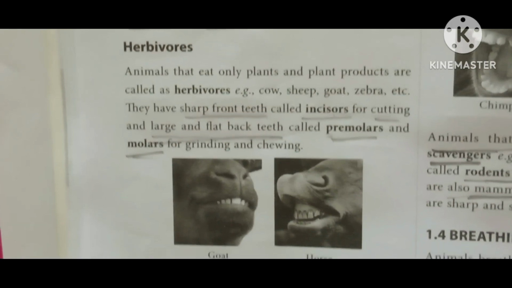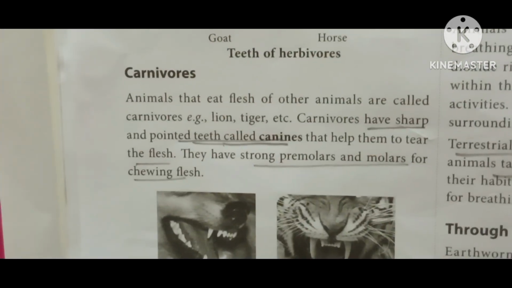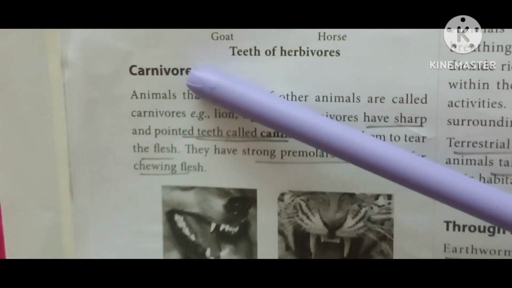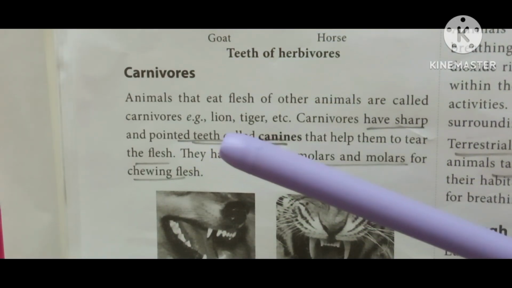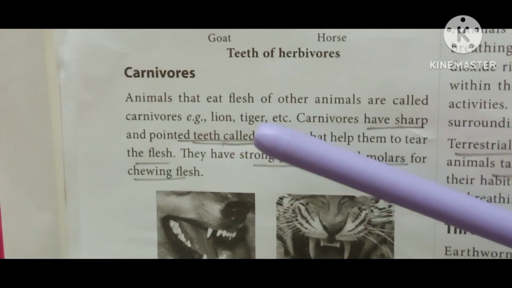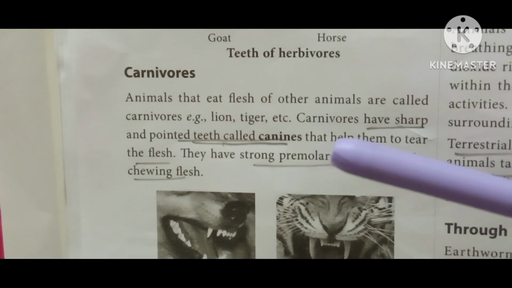Coming to the next term, it is carnivores, animals that eat only the flesh of other animals. Those are called carnivores. They will kill other animals and eat them. Examples are lion, tiger, etc. They will hunt the animals and eat them.